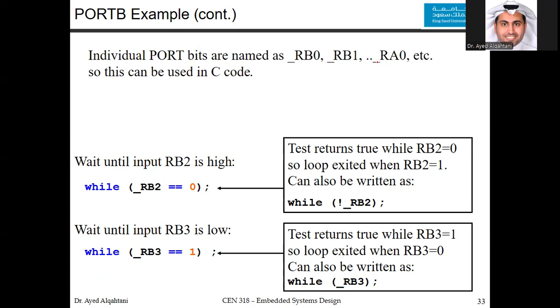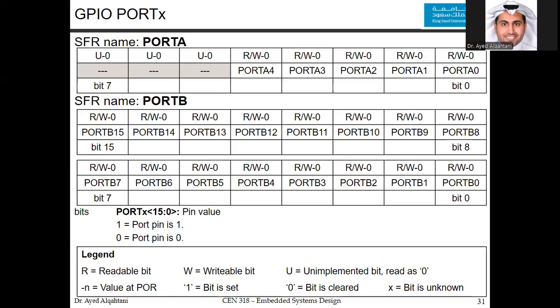So if you have _RA0, we know that we are dealing with port A, bit 0. _RB1, port B, bit 1. _RB0, port B, bit 0, and so on. And this goes nicely with what we've described here.